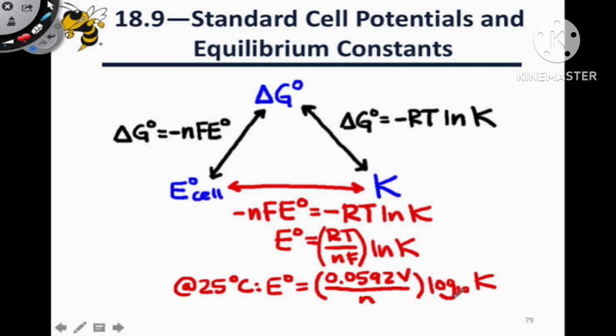But this delta G is an extensive thermodynamic property. Extensive means the value will change with quantity, whereas the intensive value will not change. For example, standard E cell is fixed.